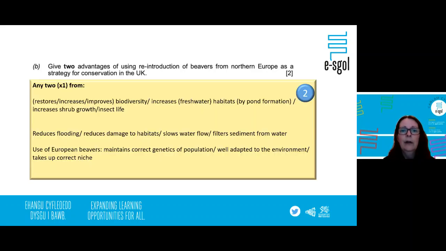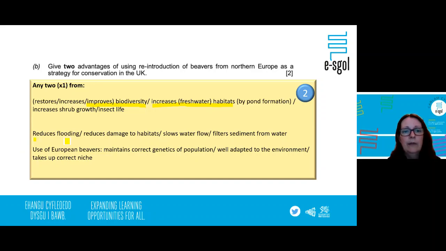Have a look. So we can see there's quite a lot of information here. So for example, it improves biodiversity. It might increase freshwater habitats. And we saw that in the written part, so it's a case of going back and rereading that information.